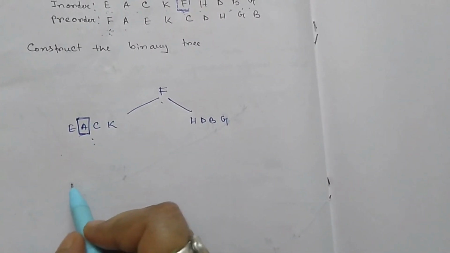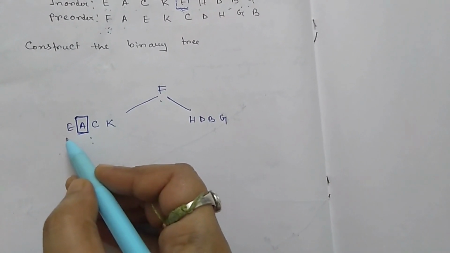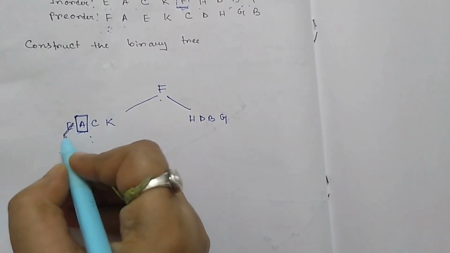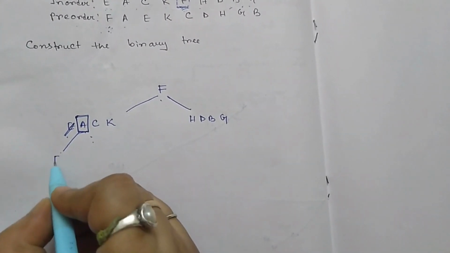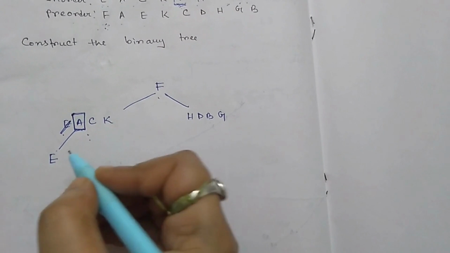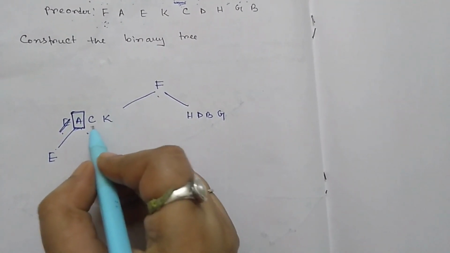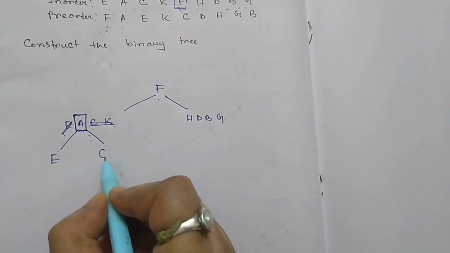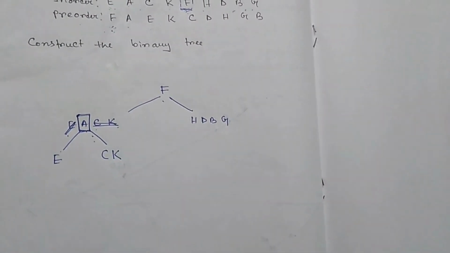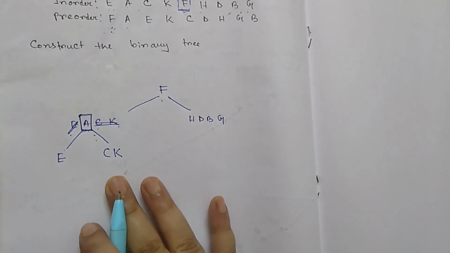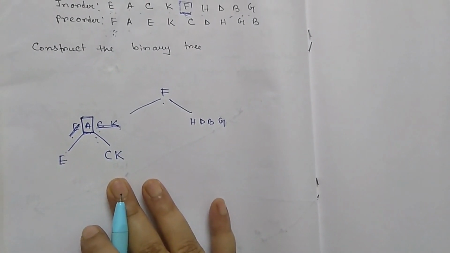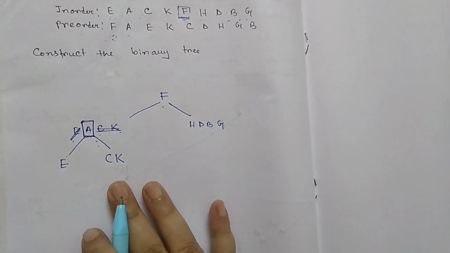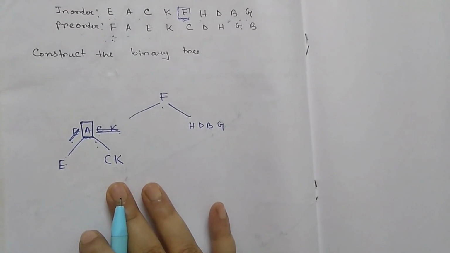Okay, so E is on the left of that root. For that reason, E is a left subtree, and the other values, C K, are the right subtree. So again we find the second root value.